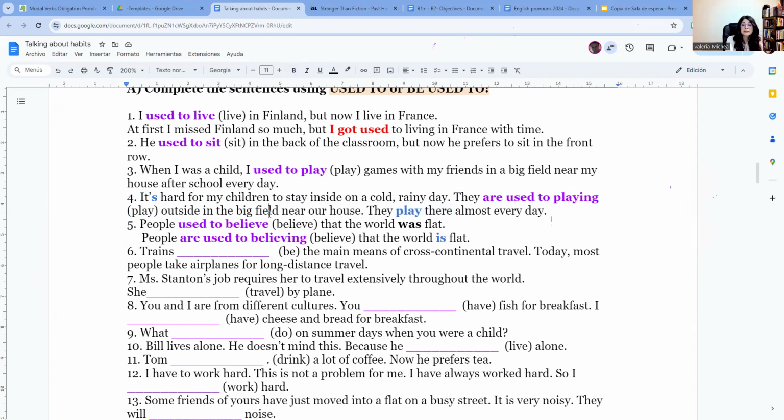So it's hard for them to stay inside because they like playing outside and they play there almost every day. Just because we have the rest of the verbs in the present, we know that this is a present habit. For this to be a past habit, we need to change everything in the sentence. Let's do that.